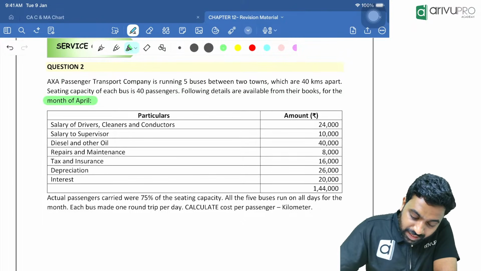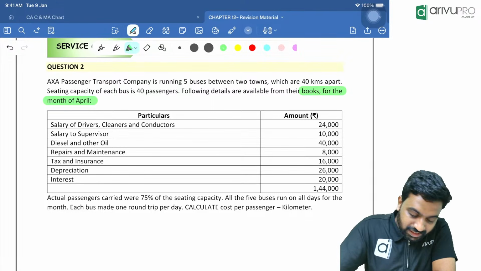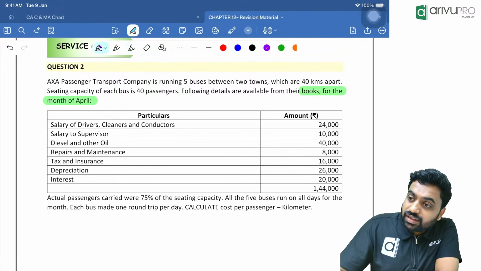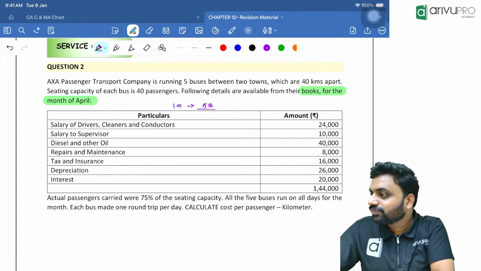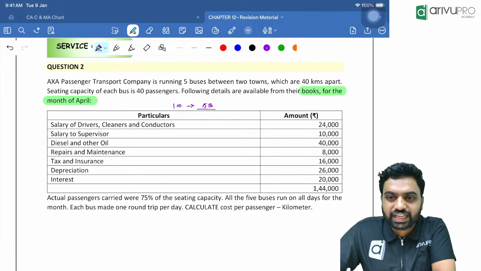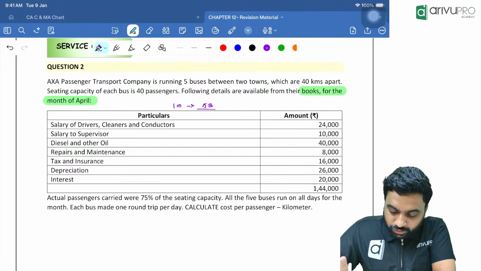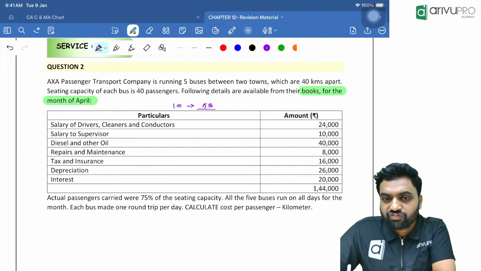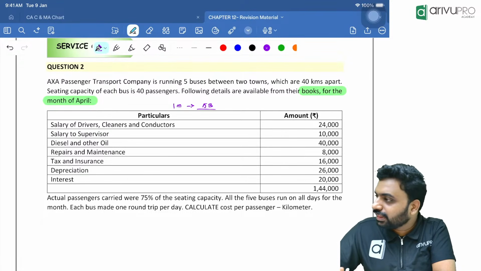It is available from their books for the month of April means this is per month and for all the 5 buses. Because for the whole organization it is available. Got it? That means the numerator is for 5 buses for a month, so the denominator, that is passenger kilometer, also has to be for 5 buses for 1 month.